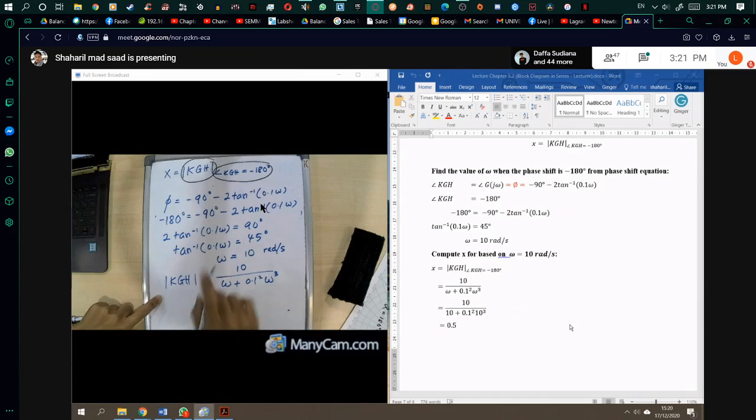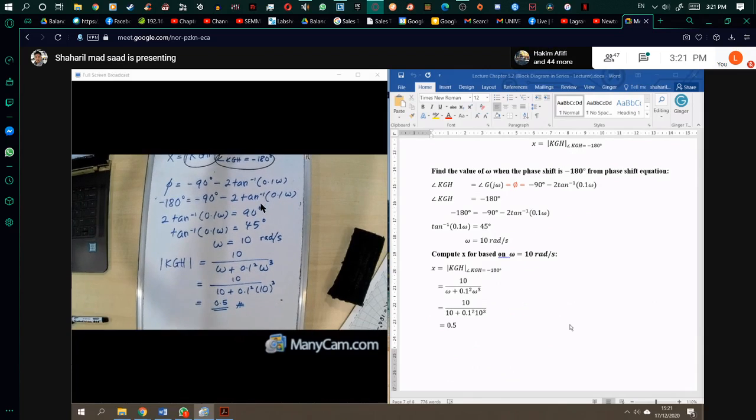So KGH at omega equals 10 over 10 plus 0.1 squared times 10 to the power of 3. Then you got 0.5 here.